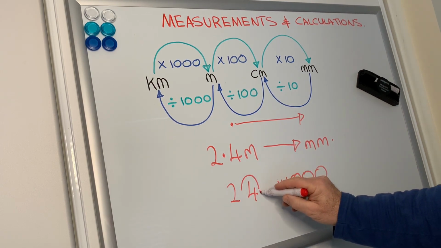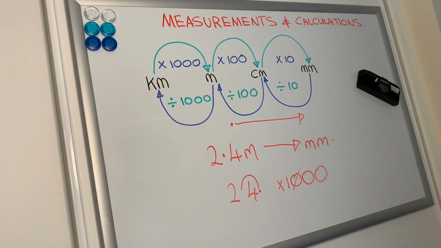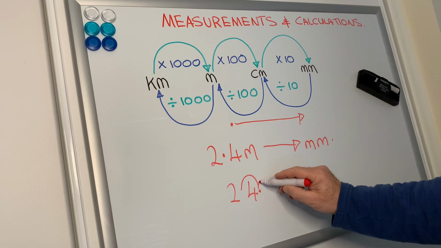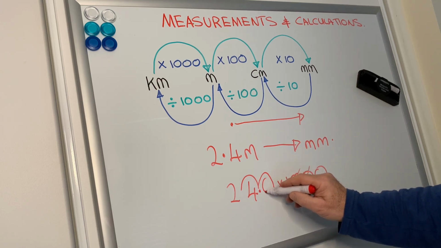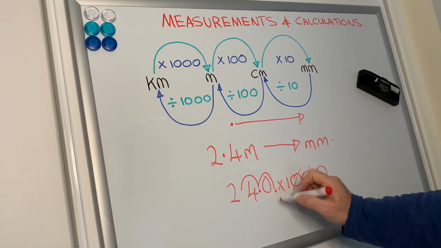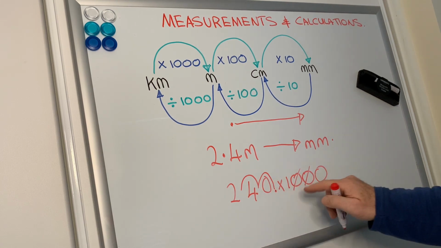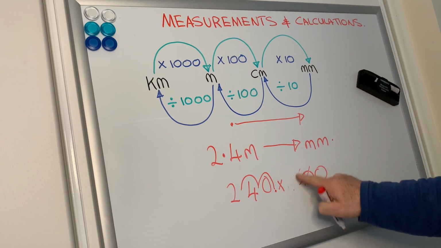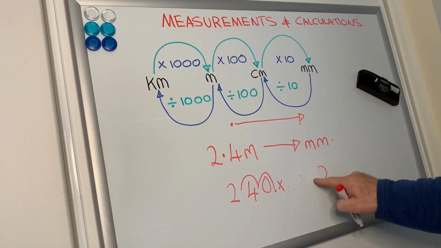That's crossed. Then we're going to cross this 0, and it's going to be another point.